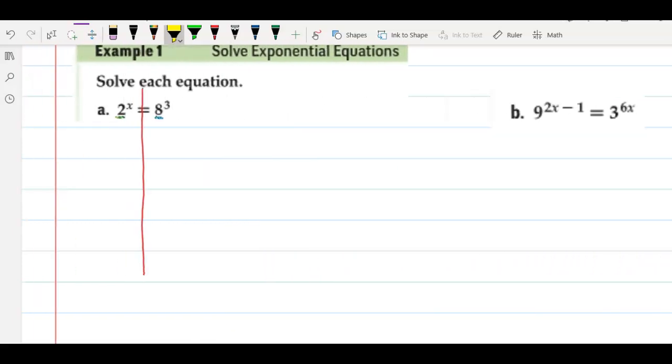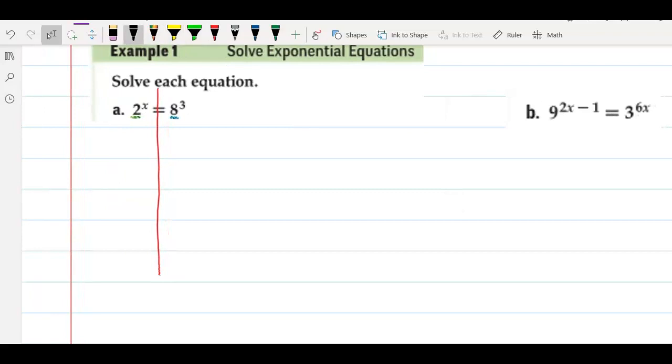That's another way to write 8. So on the left side, we're not going to do anything. It's still 2 to the x. On the right side, we're going to take out the 8 and replace it with 2 to the third.